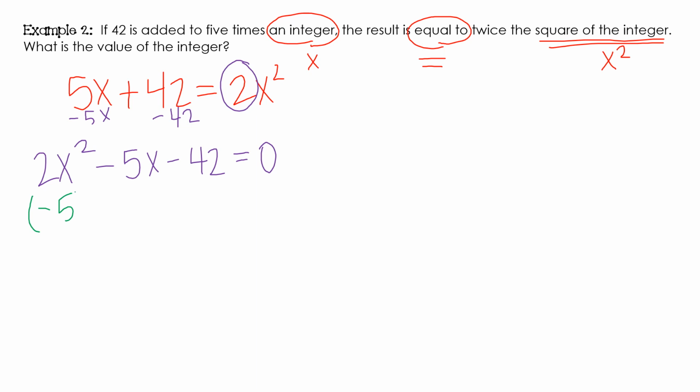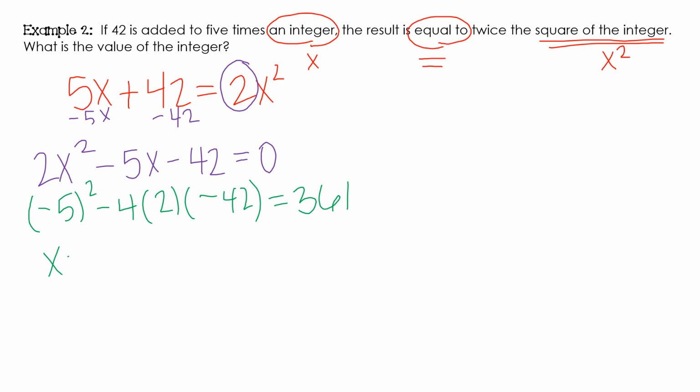So we would do b squared minus 4 times a times c. That gives us 361. Again, I would go ahead at this step and just double check that the square root of that 361 is a perfect square, that when you take the square root, you get a whole number. We do, in this case, we get 19.